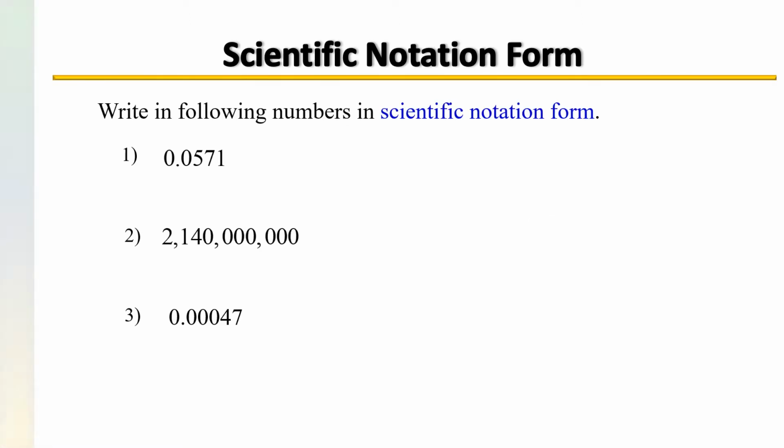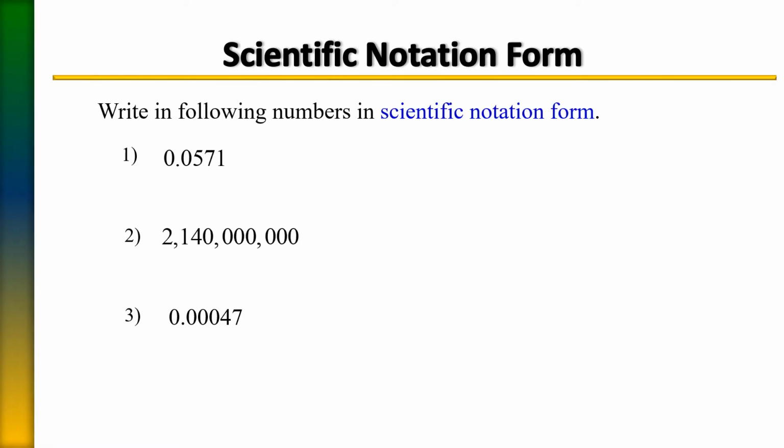In these three examples, we are asked to write the following in scientific notation form. So we are given the numbers in standard form and asked to convert them to scientific. Remember, scientific notation form is a decimal between 1 but less than 10 times 10 to some power.